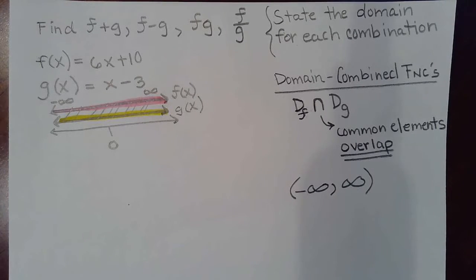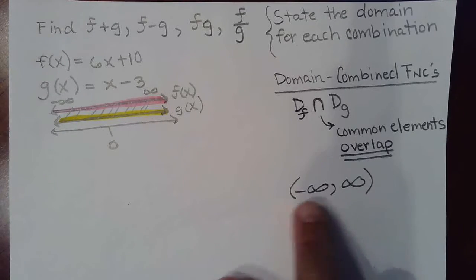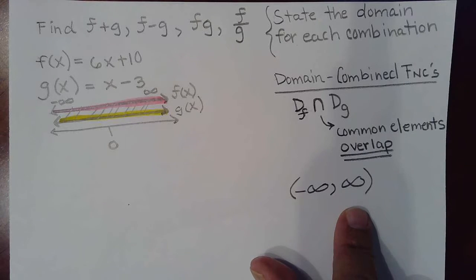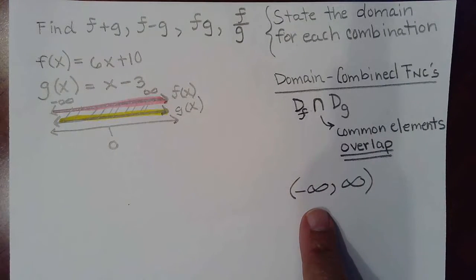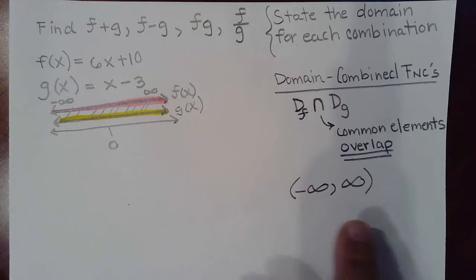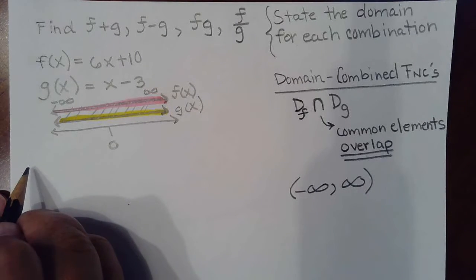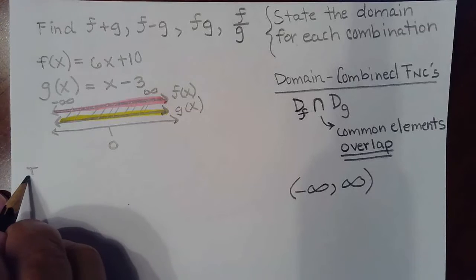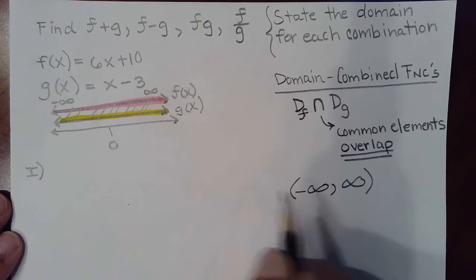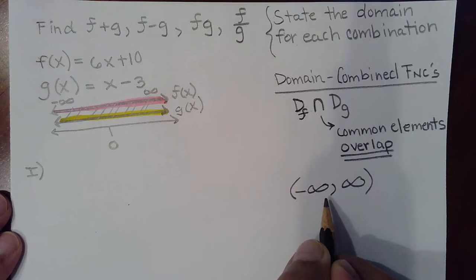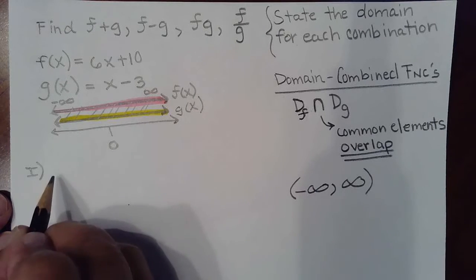So we are going to have a fraction. So then there will be some new restrictions imposed. But in general, the domain for the combinations that we're going to be creating in parts 1, 2, and 3 will be negative infinity to infinity. Because in performing any of those three combinations, you don't create fractions or radicals. So we stick to that domain from negative infinity to infinity.